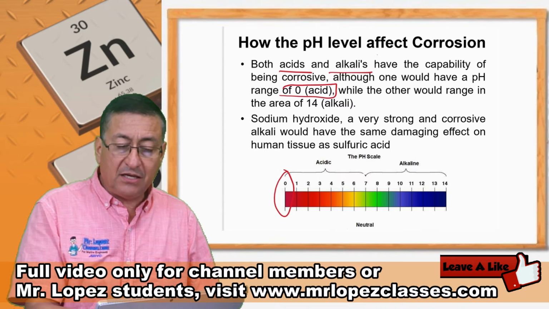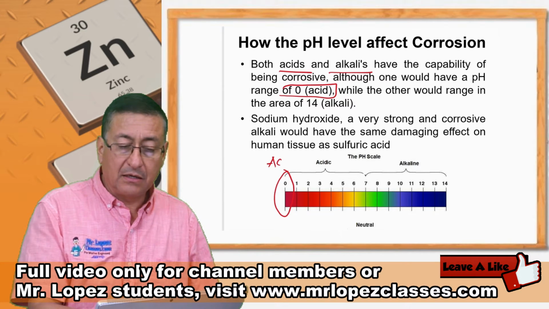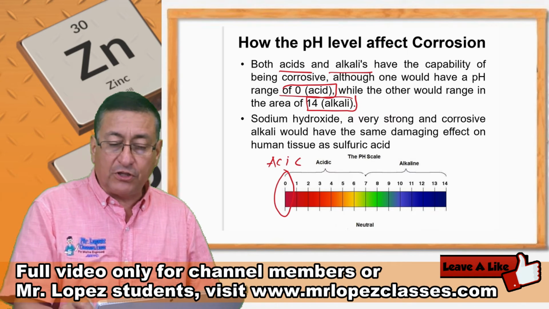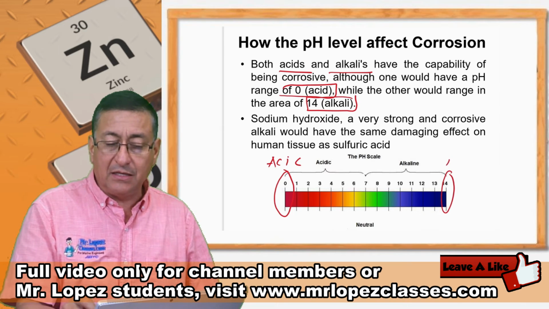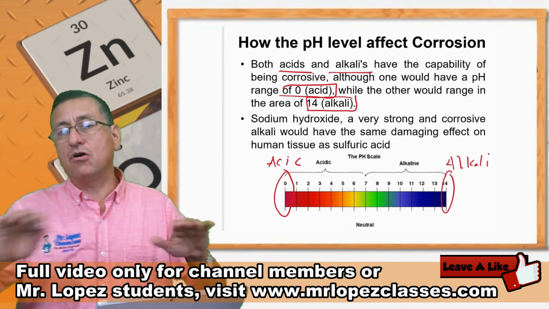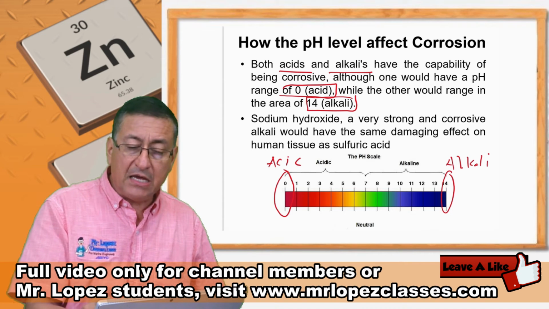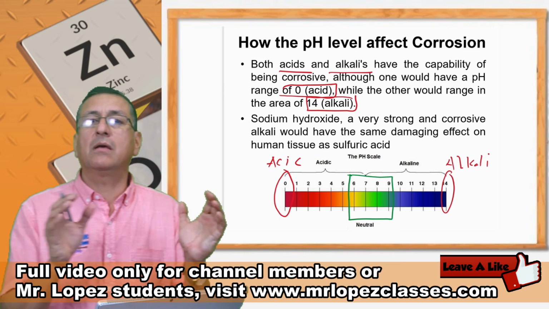In this corner is acid. Or if you have a pH around 14, it is alkali, in this corner. Alkali or acid. For that reason, the secret is to try to be located in this area in the middle of this scale.